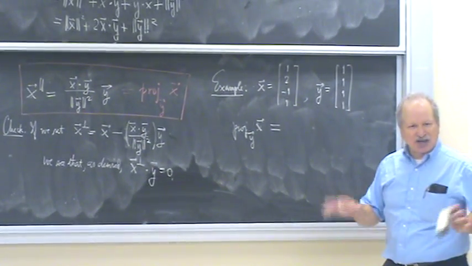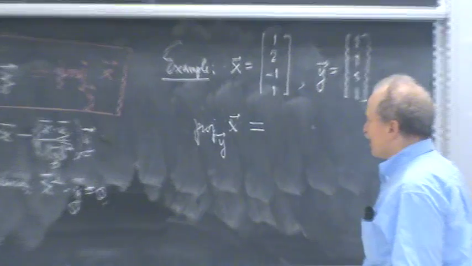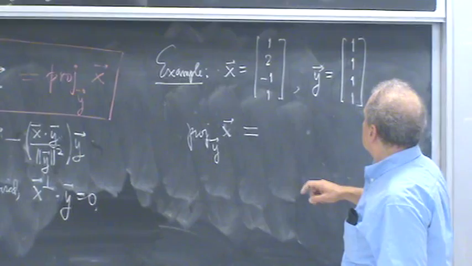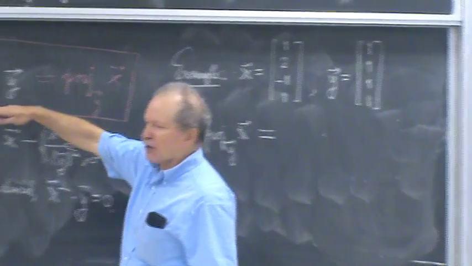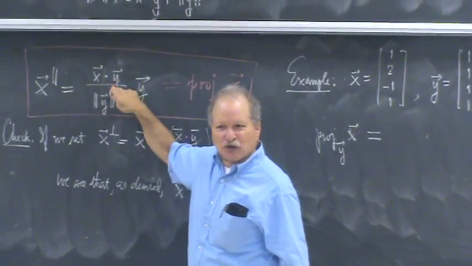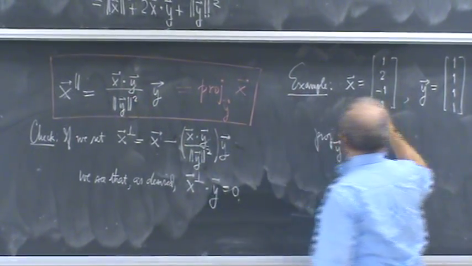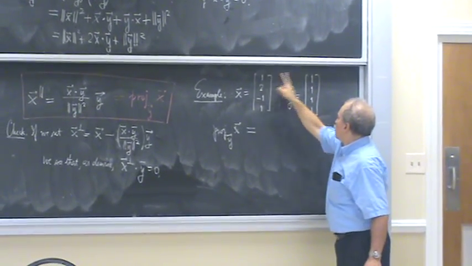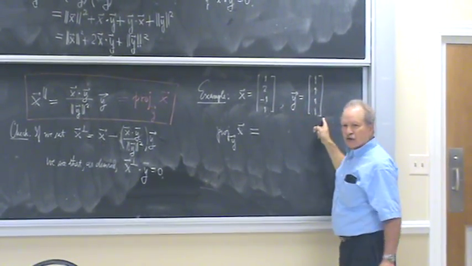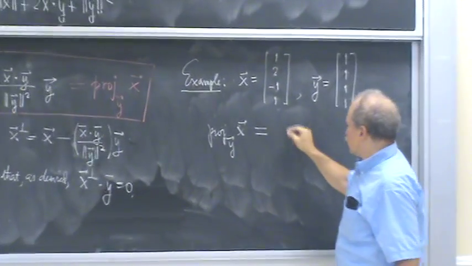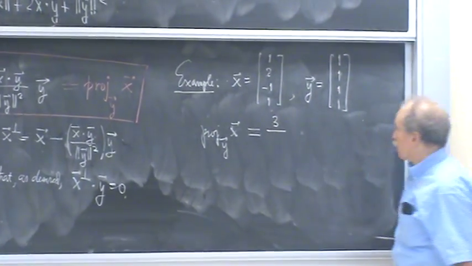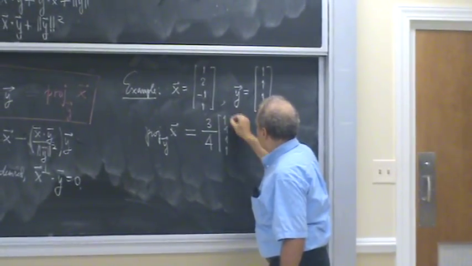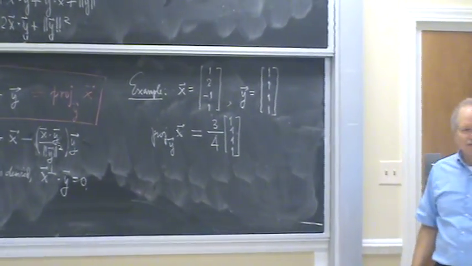This is not very exciting, but I have to do this formula. I'm going to talk in a minute about how you should remember this formula. x dot y. What's x dot y? 3, right? 1 plus 2 minus 1 plus 1. Add it up. So it's 3. What's the magnitude of y squared? 1. And then times the vector y. Done.